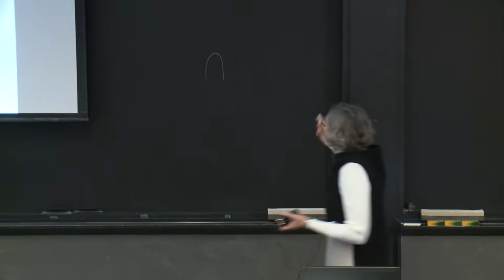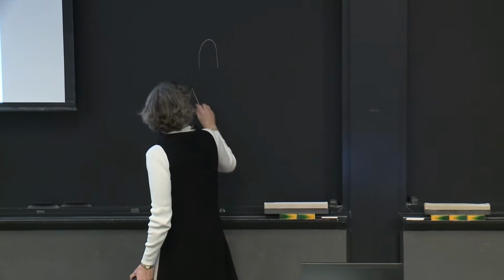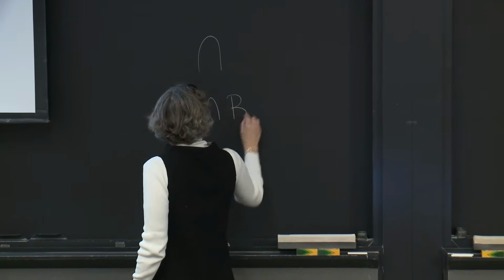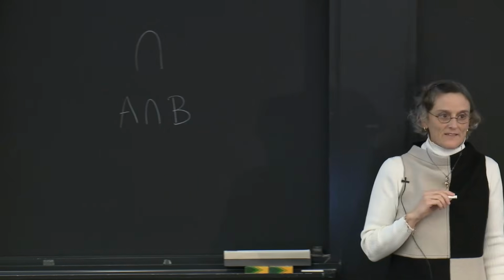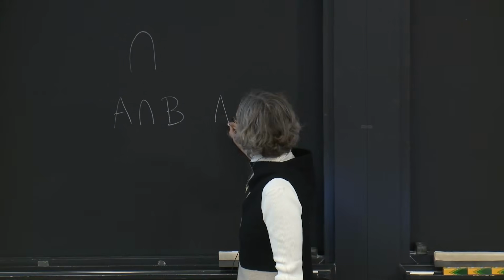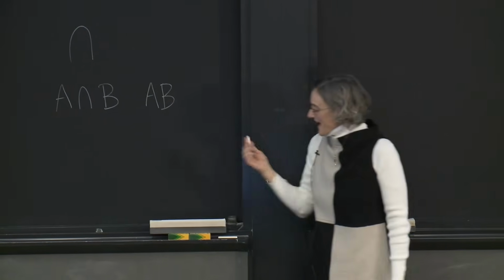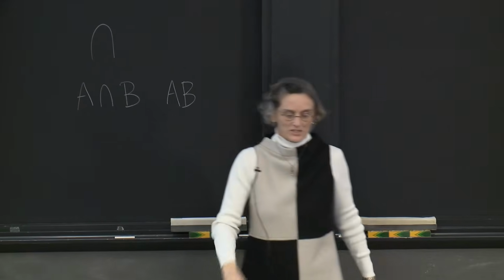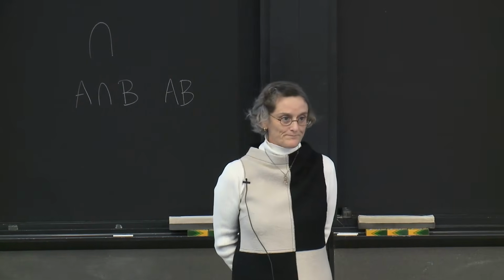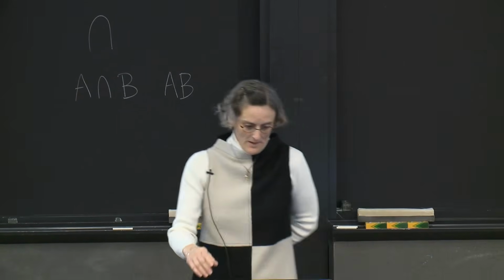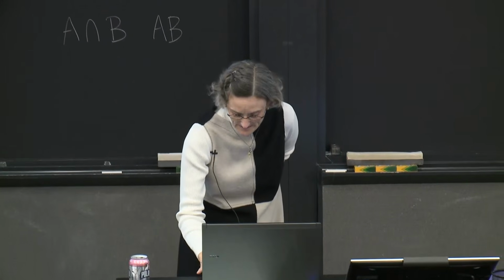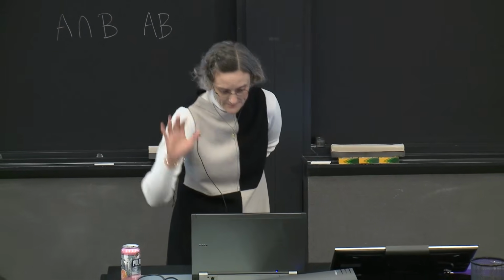Okay. So instead of writing the intersection of A and B like this, we usually just write it this way. Okay? And I'll follow that convention most of the time. Just leave out the intersection symbol.